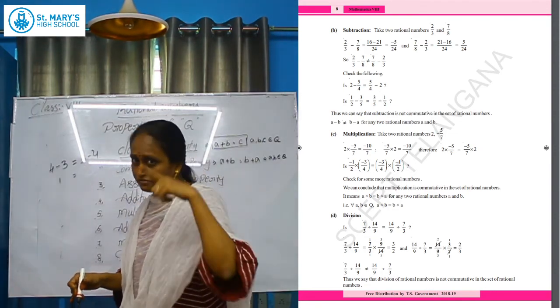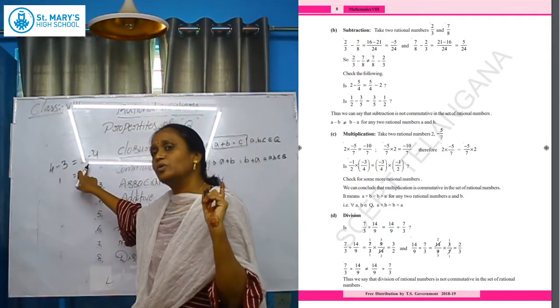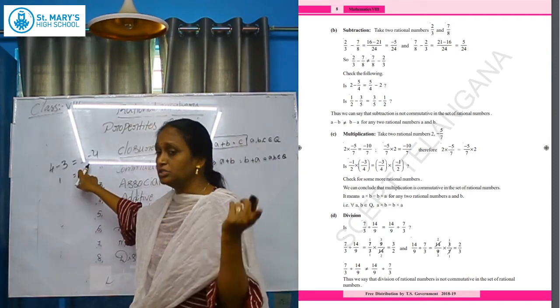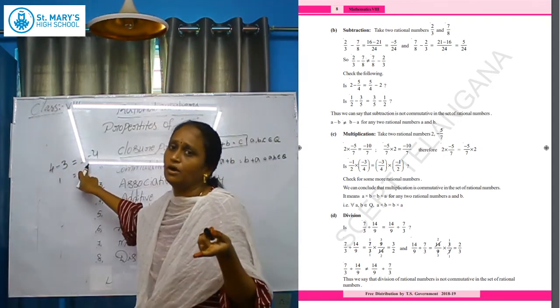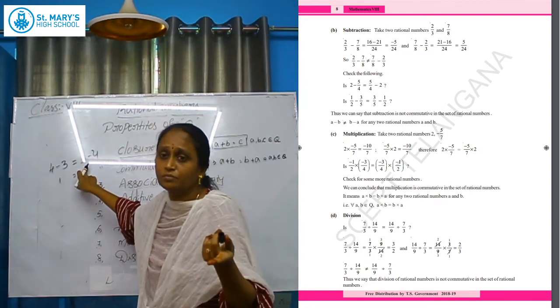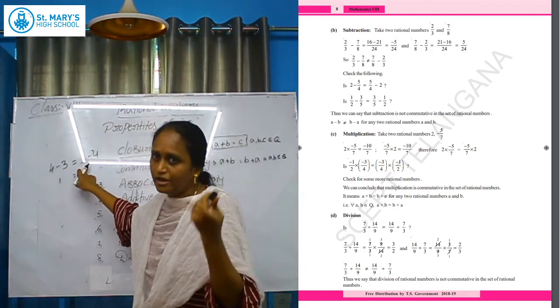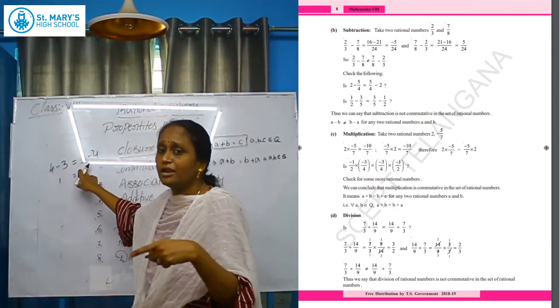What about 3 minus 4? Remember here we get positive and negative, different signs. Different signs means we should do the difference. Difference means we should do the subtraction. After subtraction, which sign do we have to keep?